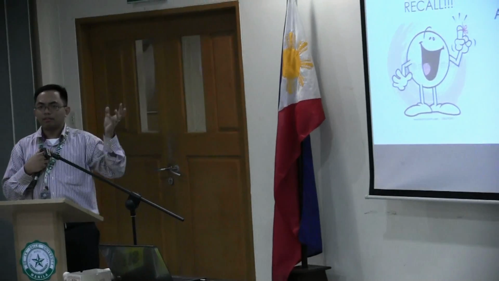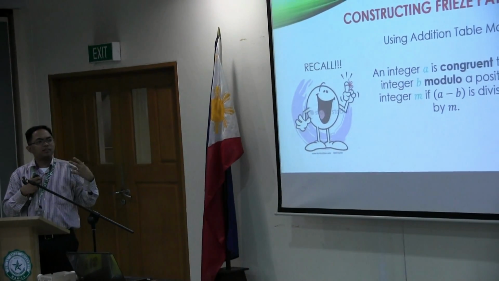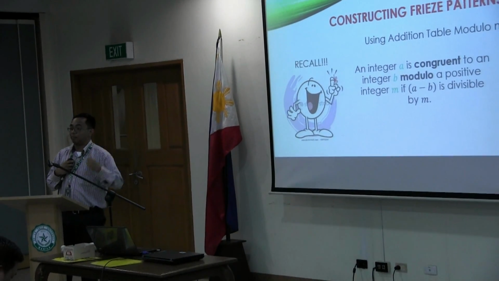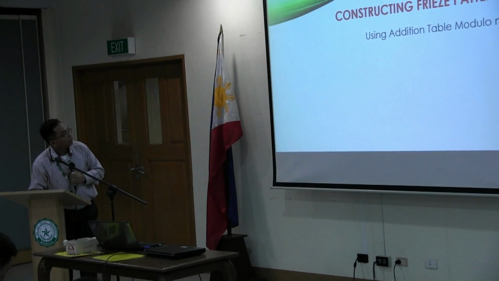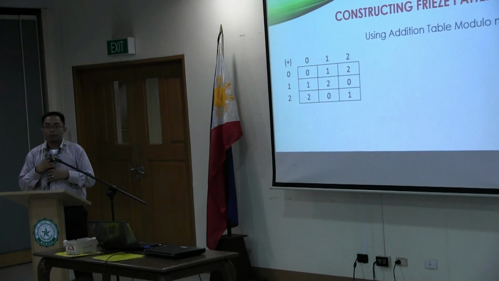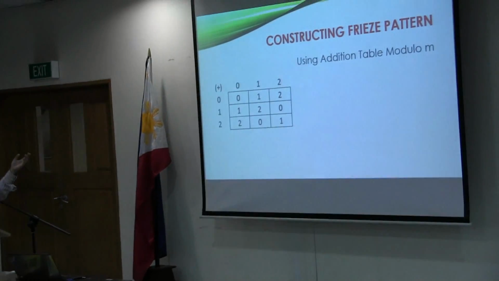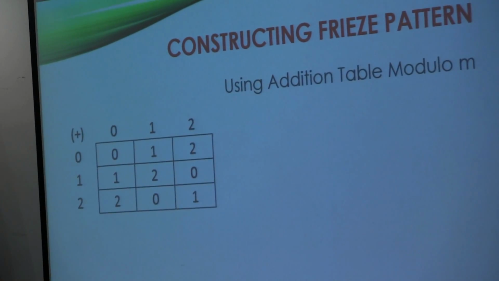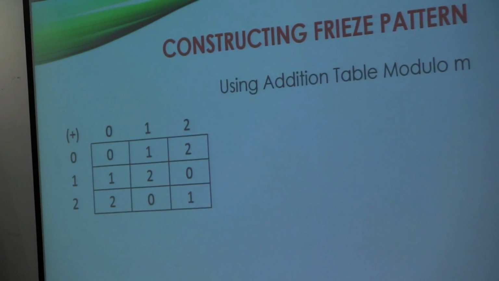So again, by modular arithmetic, we just define them as remainders upon division by this number, this integer. So if we get all possible remainders upon division by, say, 3, we only get the following. So that's the addition table of modulo 3.